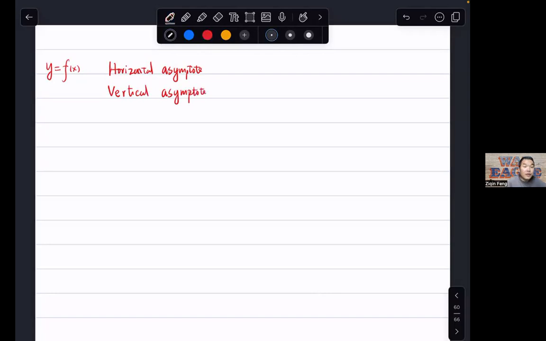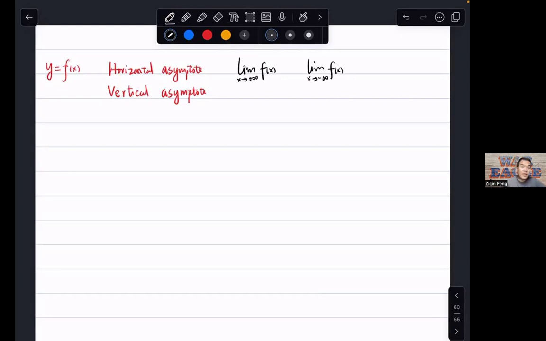So the definition for the horizontal asymptote is either you have a finite limit at infinity, or you have a finite limit at negative infinity. If this limit reaches a finite number, you get a horizontal asymptote.